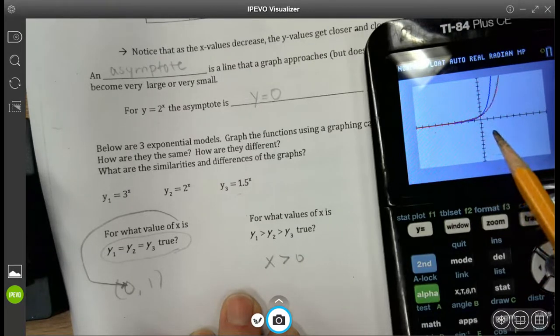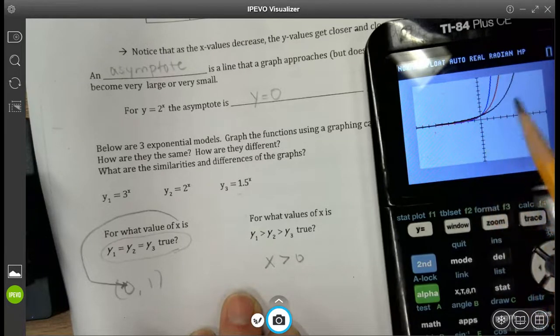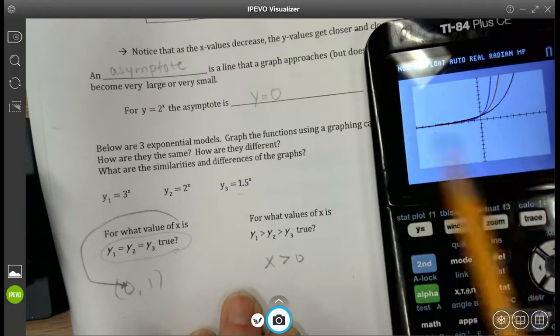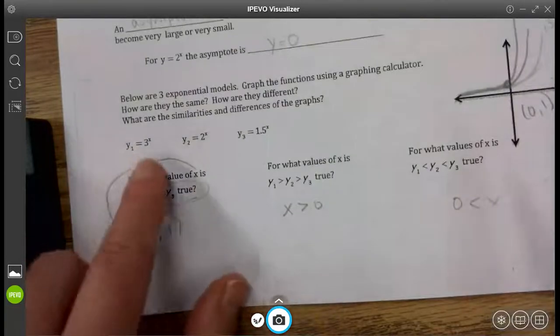It's kind of cool. So you'll notice that 1.5 is lower when these values are great. You can't see here, but think about it logically. If I have negative values, what are your answers?